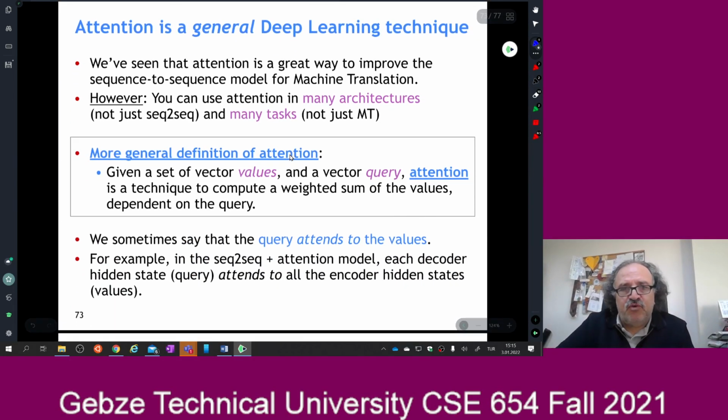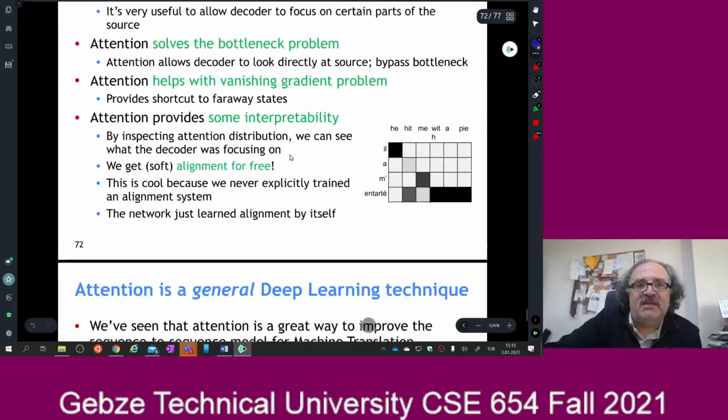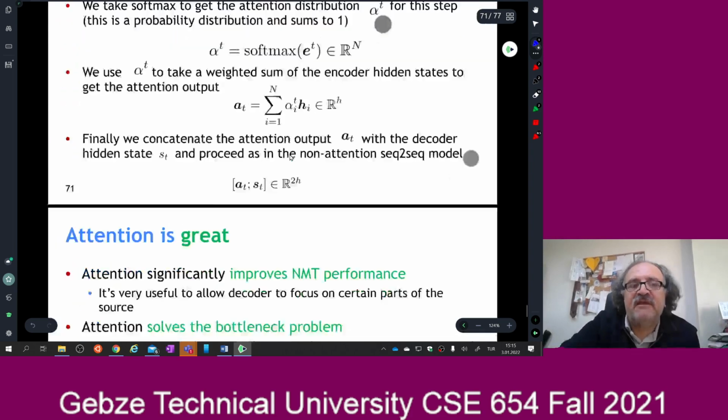And with the transformer, they define the attention this way. Given a set of vector values and a vector query, you ask each of them, how much do you like me?